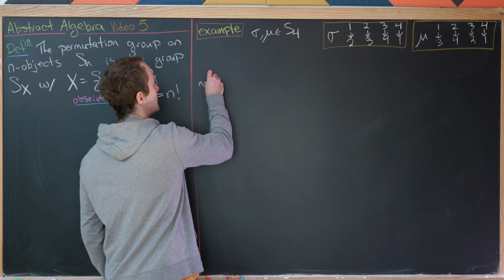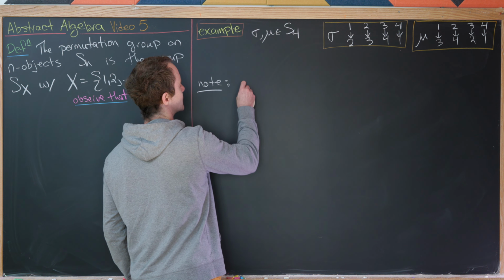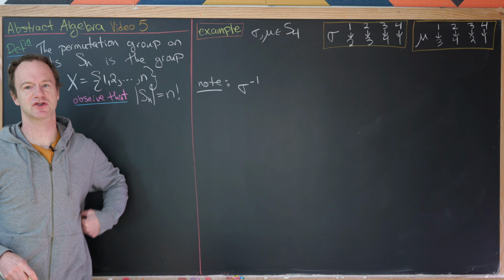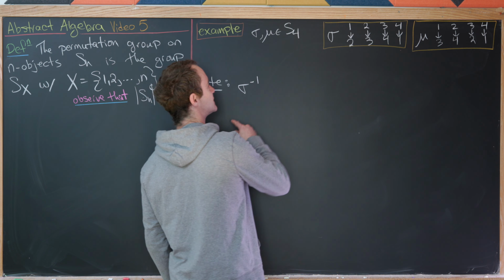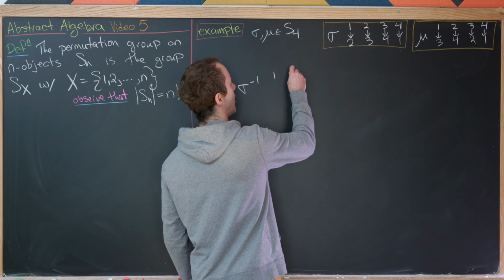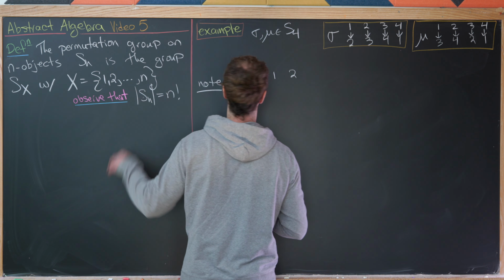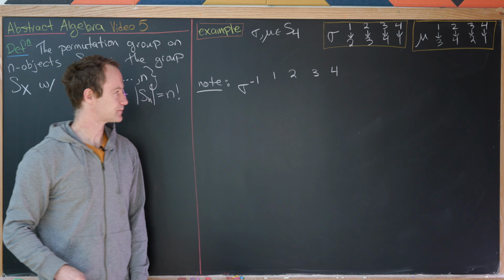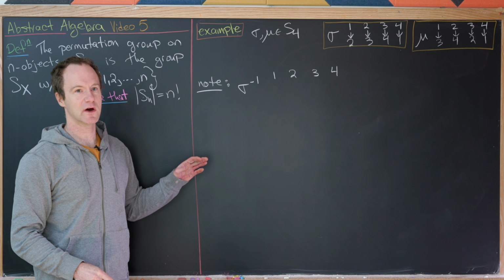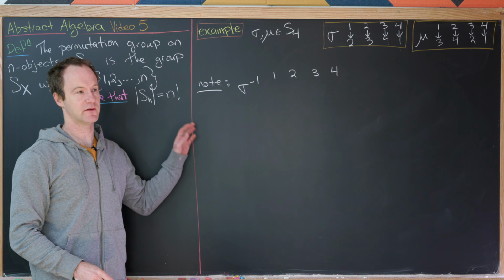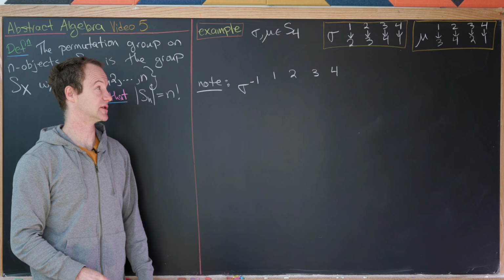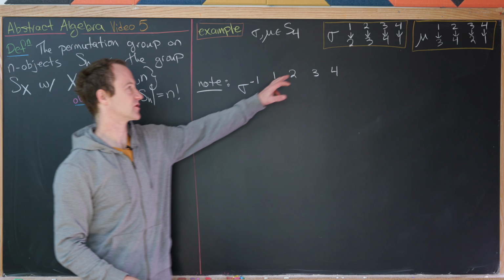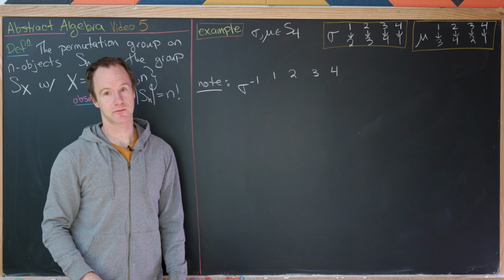Okay, so let's maybe first notice what the inverses are. Let's just do sigma inverse, because mu inverse will be essentially the same thing. Since my notation is just to put all of the elements 1, 2, 3, 4 at the top row in order, that's what I'll do. And now I need to see what happens to 1 under sigma inverse, 2 under sigma inverse, and so forth. But the inverse function will simply reverse the arrow that we have right here.